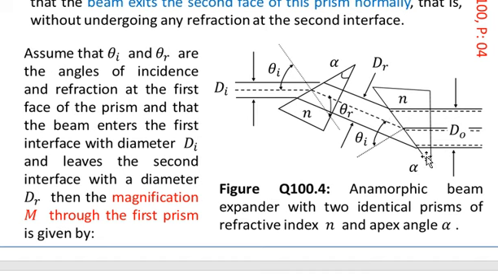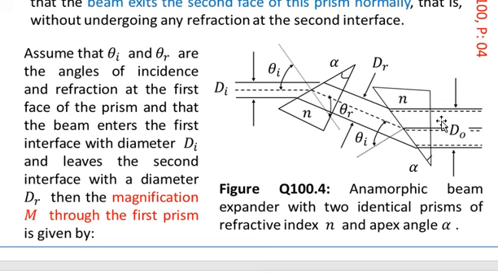Again, the second prism is arranged in such a way that the beam is incident at an angle theta I to the first surface of the second prism. And again, the two prisms are identical and the angle of incidence is the same as for prism one. Of course, the beam which is refracted inside the second prism will travel normally to the second surface of the second prism, and the beam will pass straight with a diameter d naught.